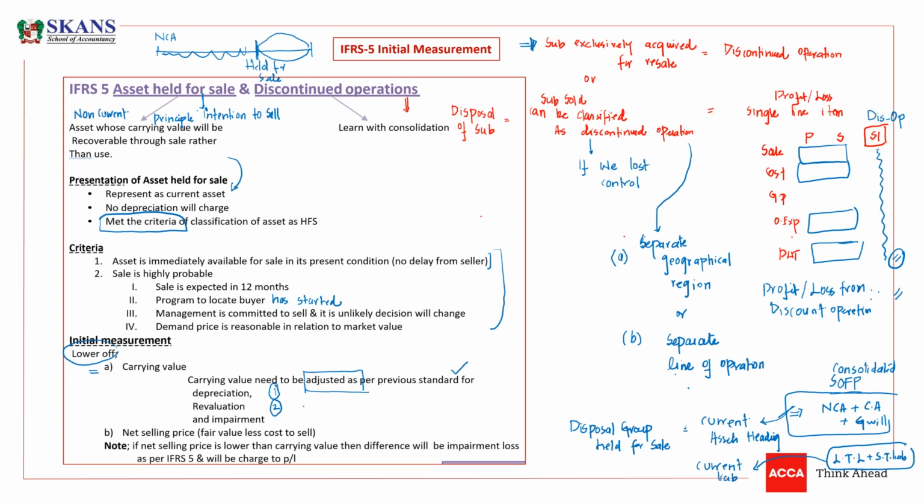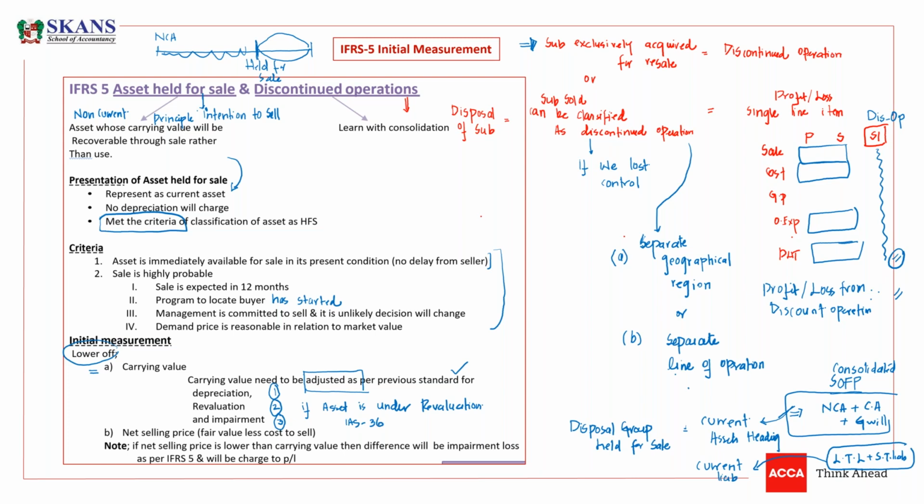For revaluation, if asset is under revaluation model, and for impairment obviously IAS 36 impairment.